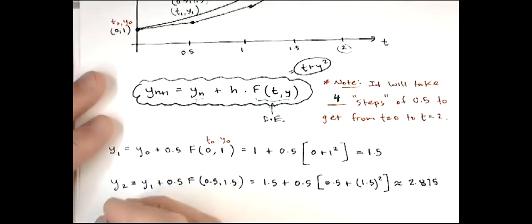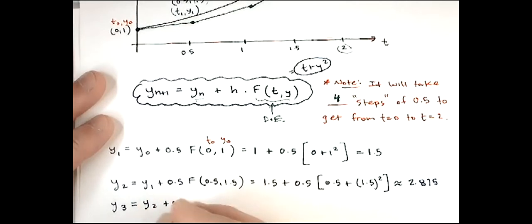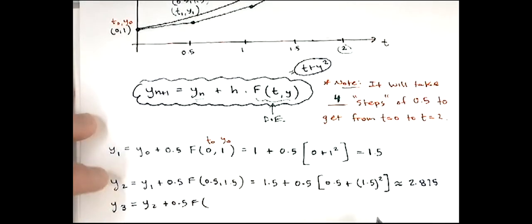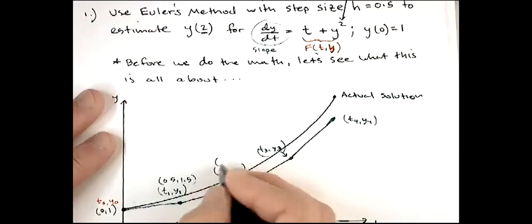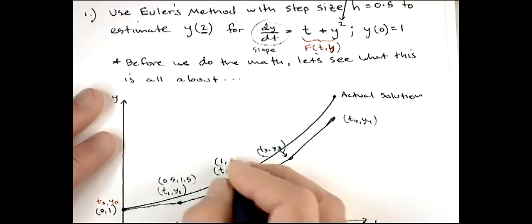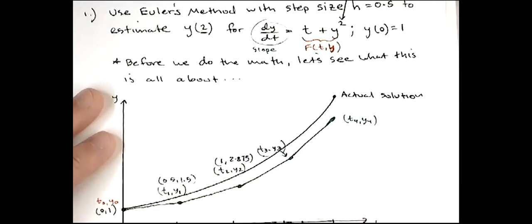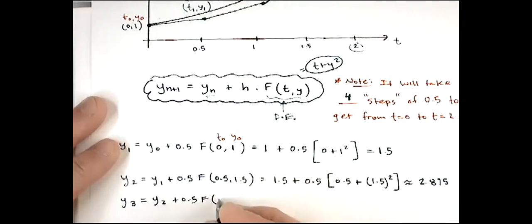And if you keep repeating this process, this would be y2 plus 0.5 f of, it helps me to go back here and label this point. This new point now is 2.875, because that's the one I'm going to be plugging into my differential equation.